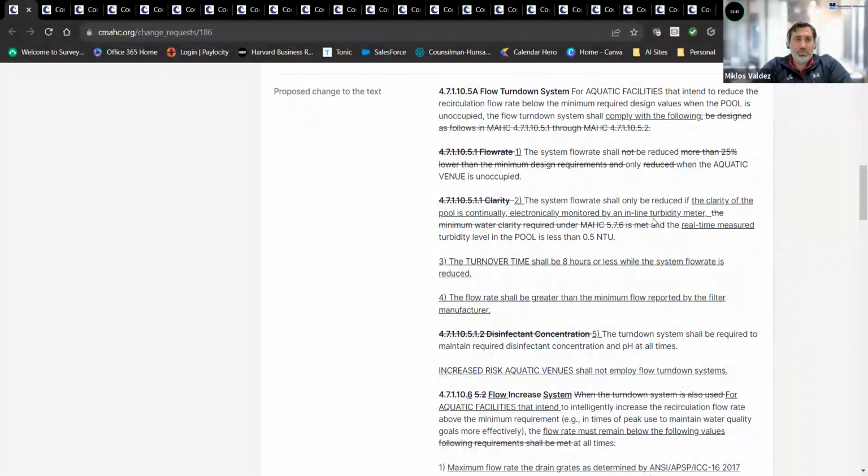Actually, not the first one, not the harmonization one, but this one's a little bit better written, has more parameters in it. That may or may not mean anything, like the minimum flow rate by the filter manufacturer, but it still has more parameters in it, and I think gets us a little bit more towards the goal of energy savings and efficiencies.